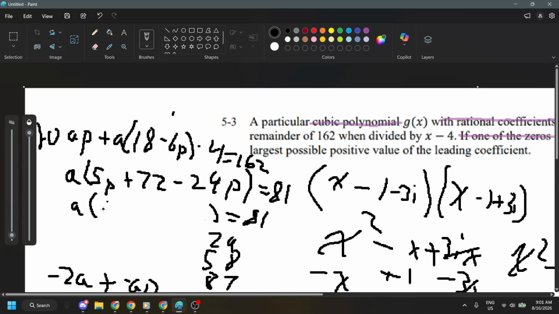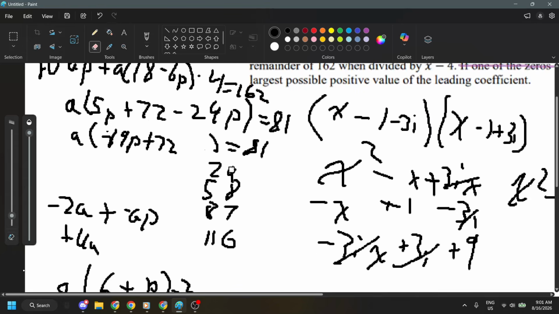That makes this negative 19p plus 72, or 72 minus 19p. Interesting thing here, these two both still don't share a factor, which means we can't factor anything out. But, okay, let's try.